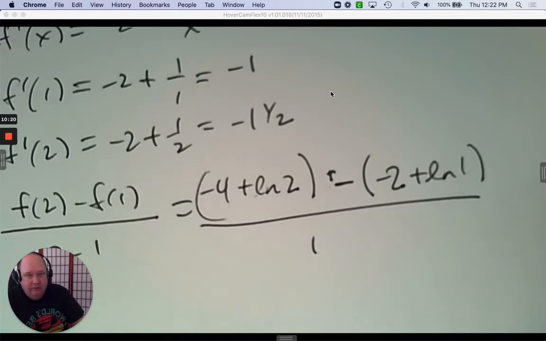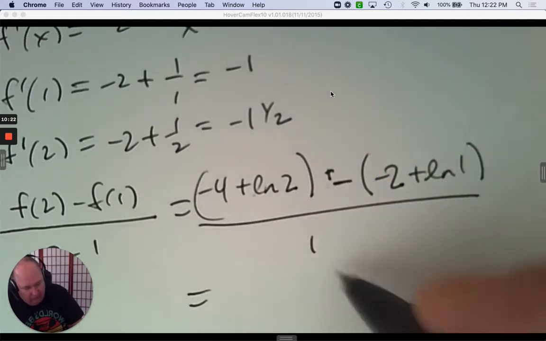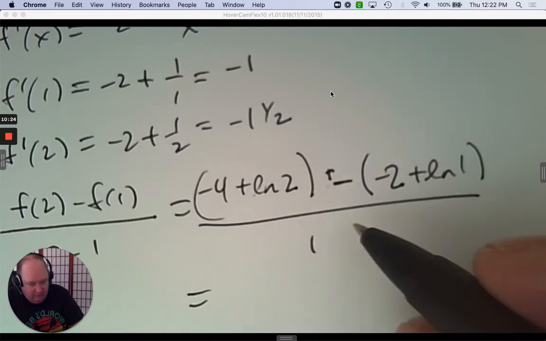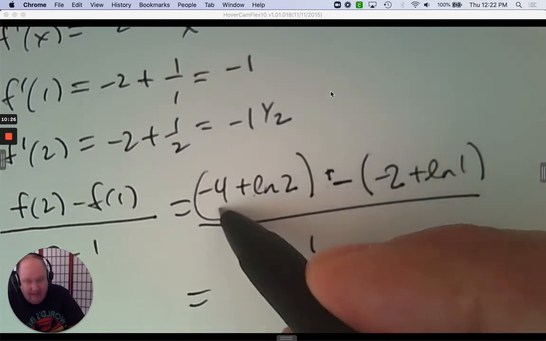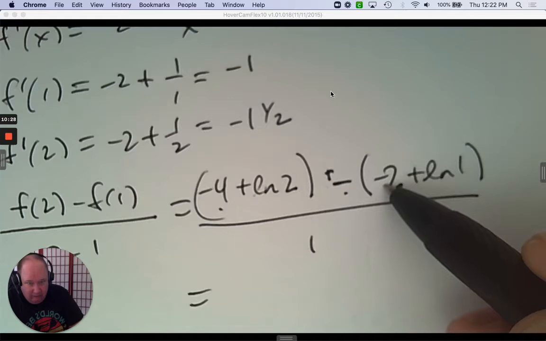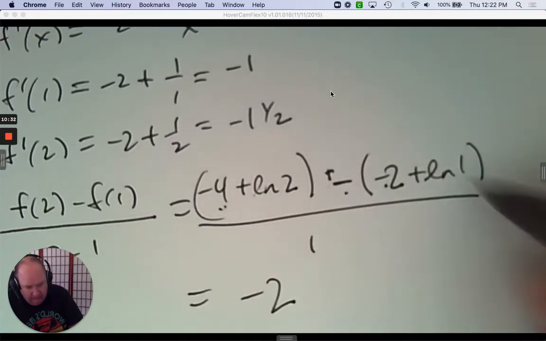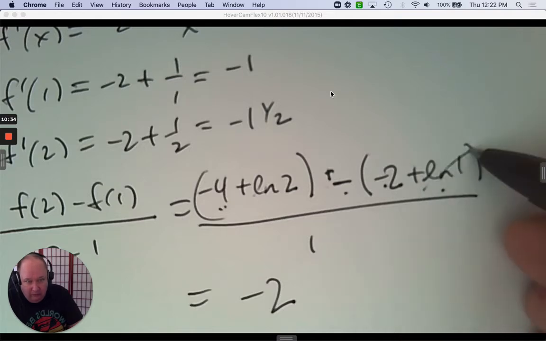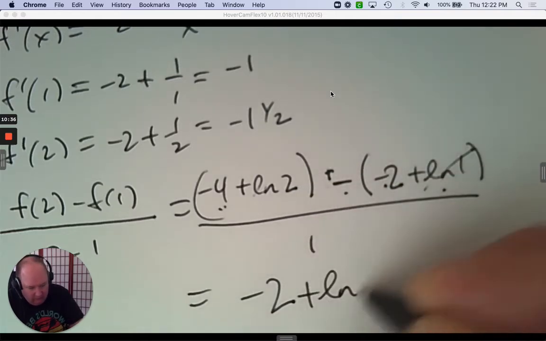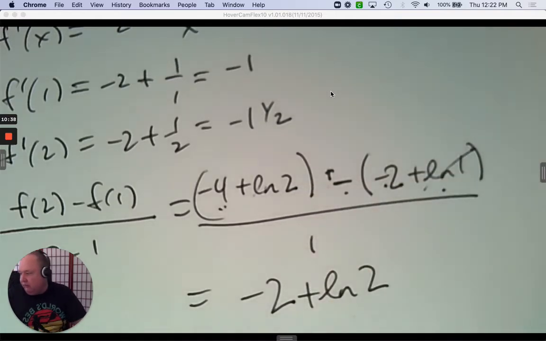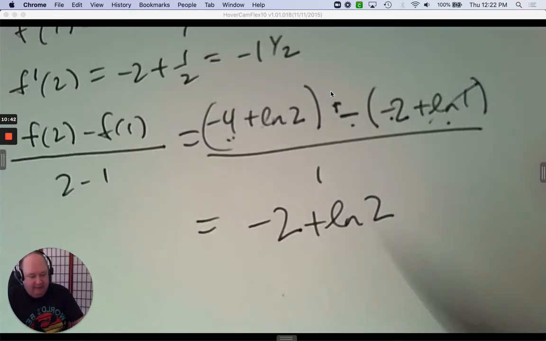And then simplify that. So when you divide by 1, it doesn't change anything. Negative 4 subtract negative 2, that's negative 4 plus 2, which is negative 2. Ln 1 is 0, so all we're left with is ln 2. And there's your answer. So it's negative 2 plus ln 2 if you simplify it. That's the AROC.